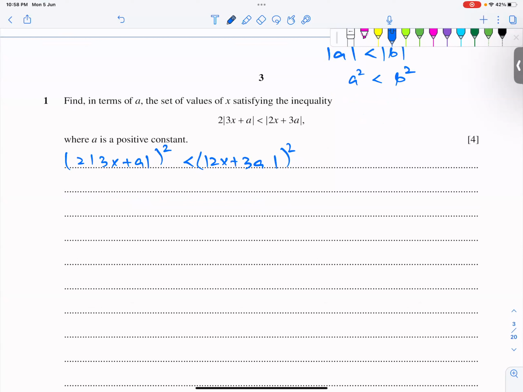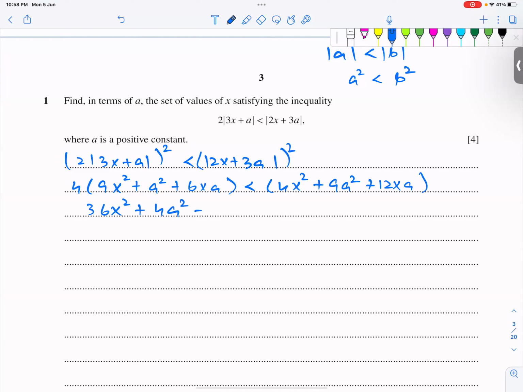So open it now. 4 times 9x square plus a square plus 6xa is less than 4x square plus 9a square plus 12xa. Now 36x square plus 4a square plus 24xa is less than 4x square plus 9a square plus 12xa.